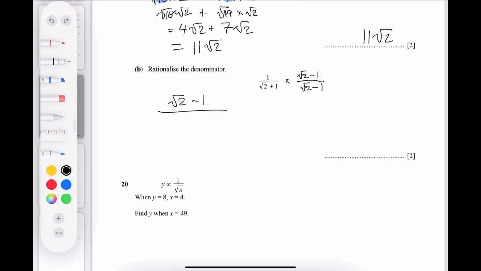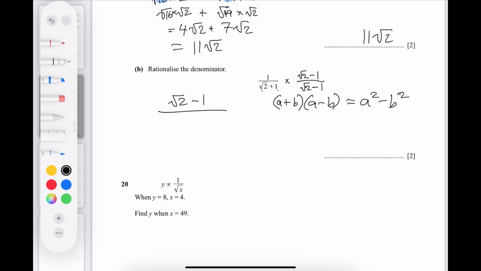And then on the bottom, remember, if we have a plus b multiplied by a minus b, this is the difference of two squares, a squared minus b squared. So here we have the same thing, where a is root 2 and b is 1.